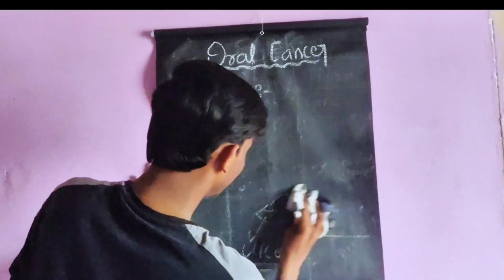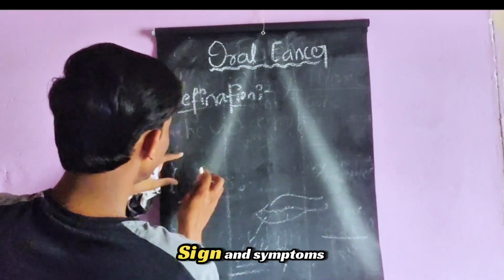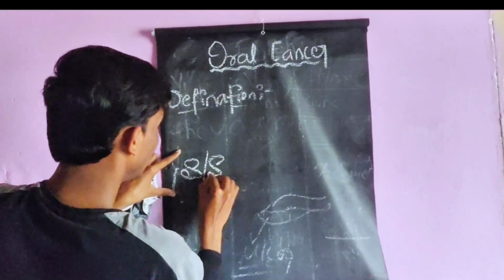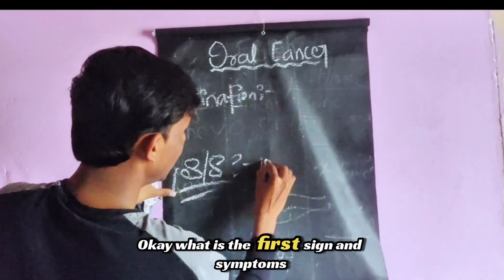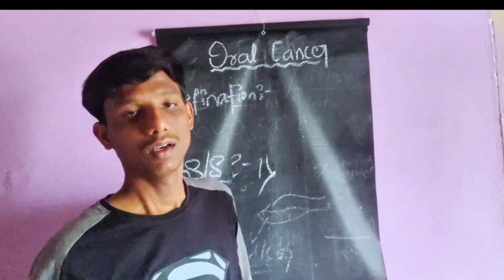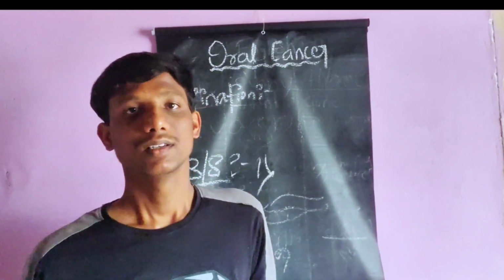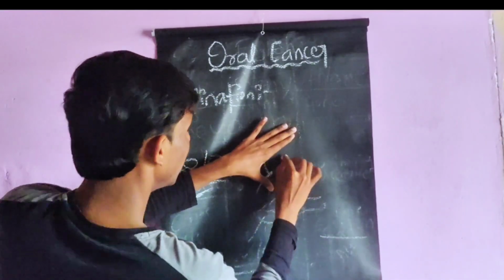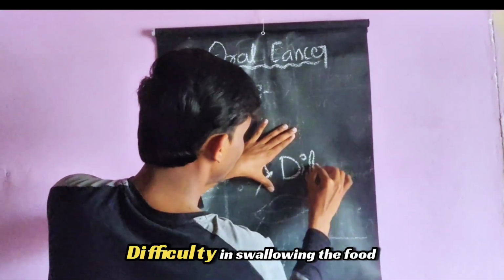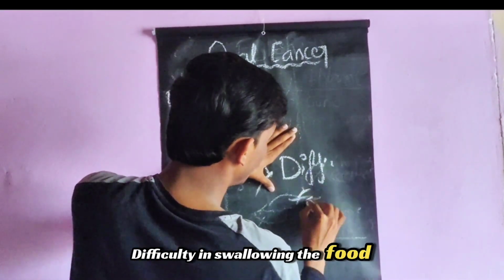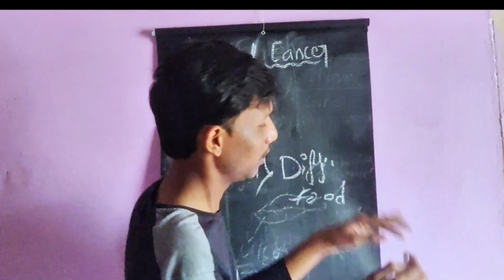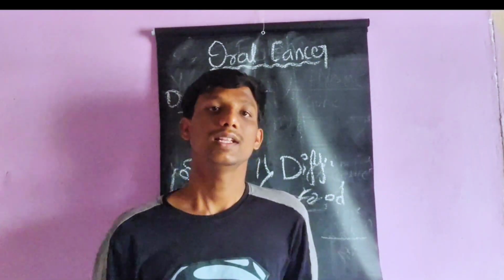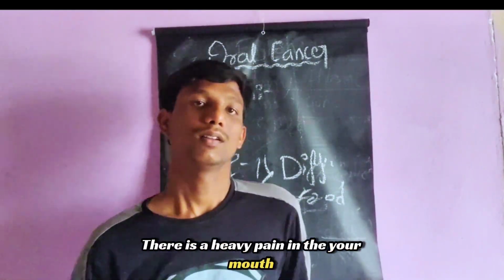Next, signs and symptoms. What is the first sign and symptom? Okay, I will explain. The first sign and symptom is difficulty in swallowing food. Due to the ulcer, there is heavy pain in your mouth.